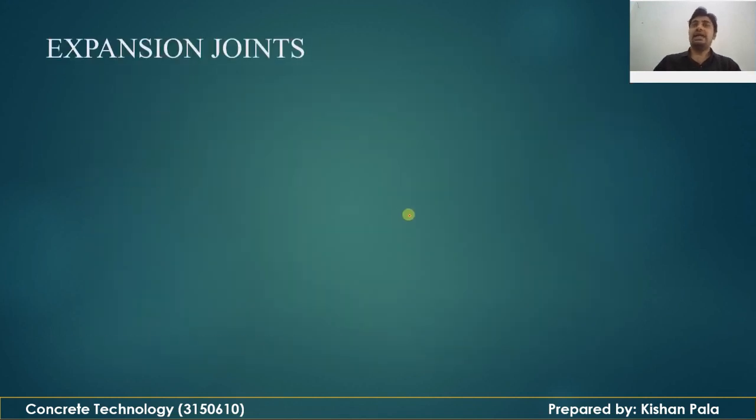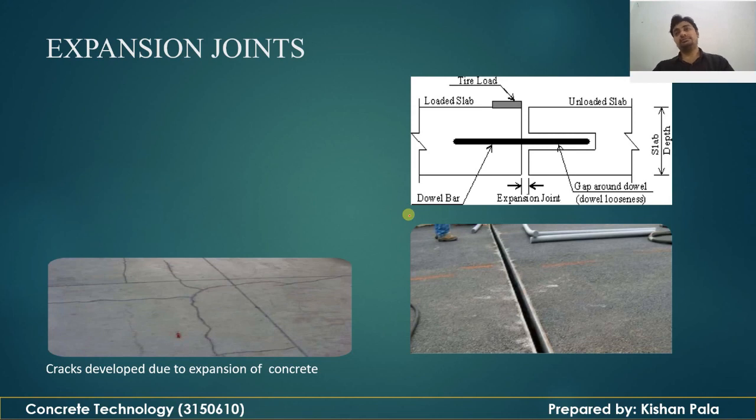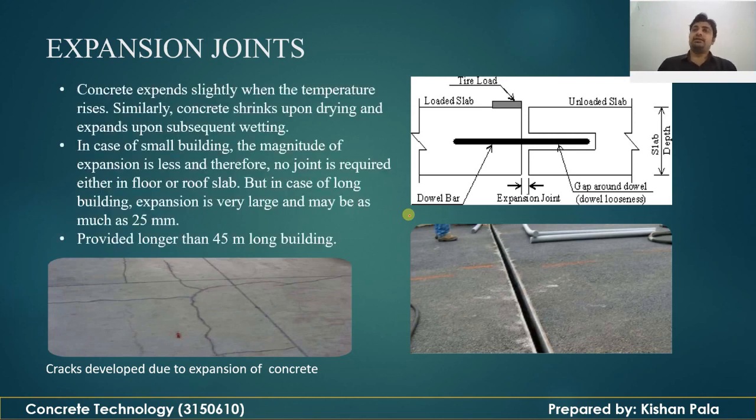Let us understand expansion joints. We know that if concrete gets a high temperature, it will expand slightly, and there will be an effect, applying force due to the expansion of the concrete mass when heated or exposed to higher temperature.